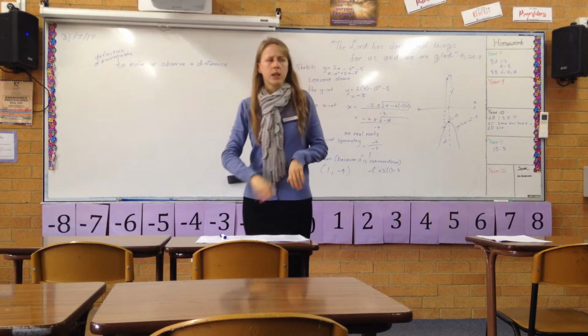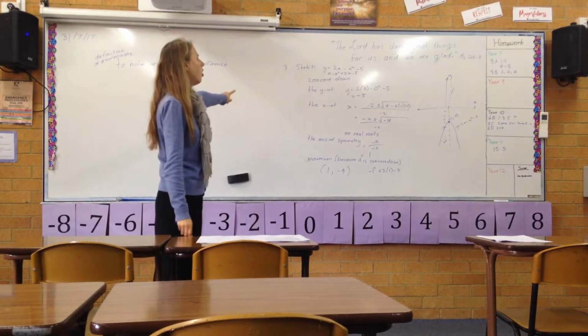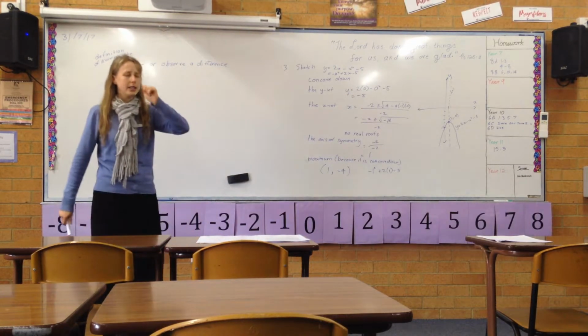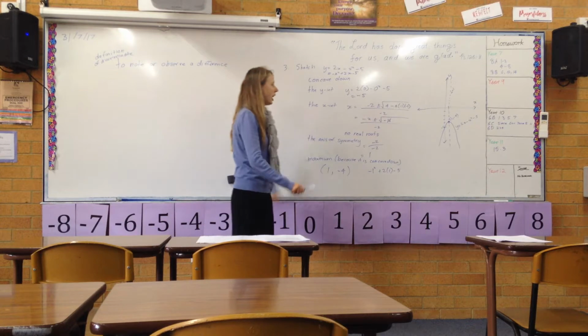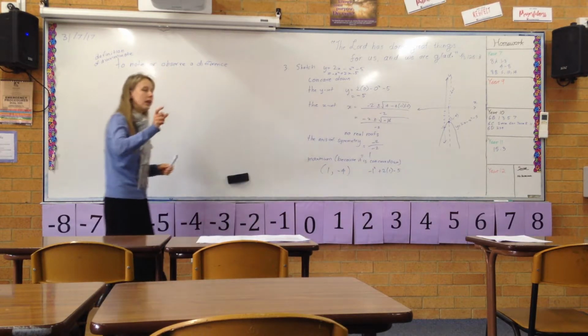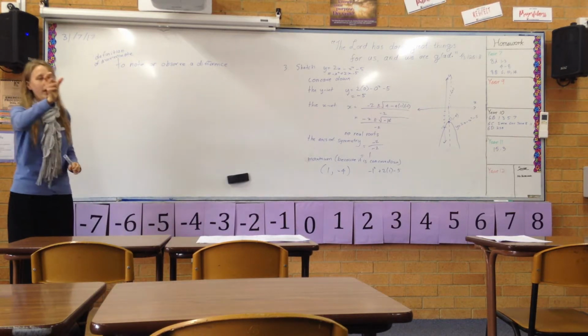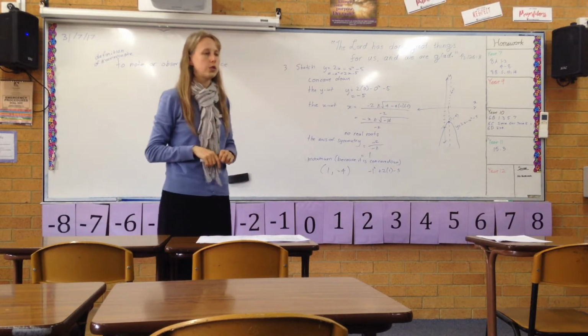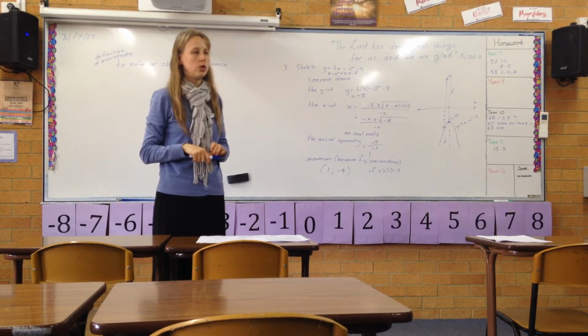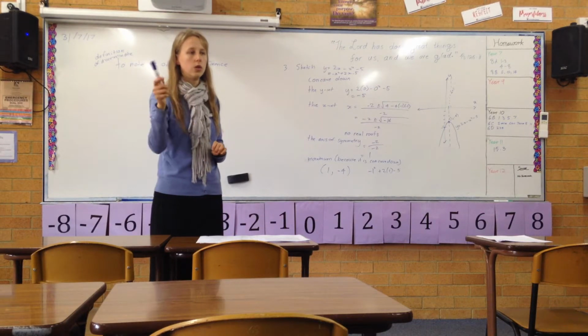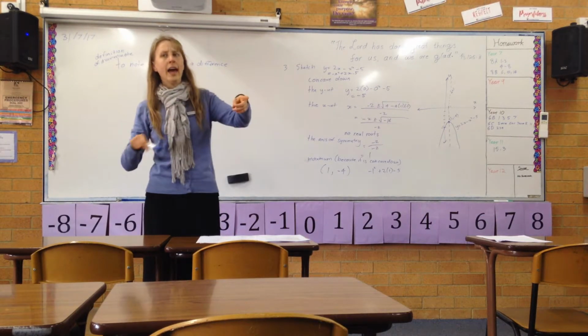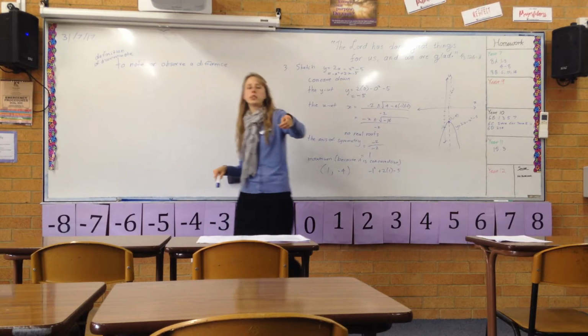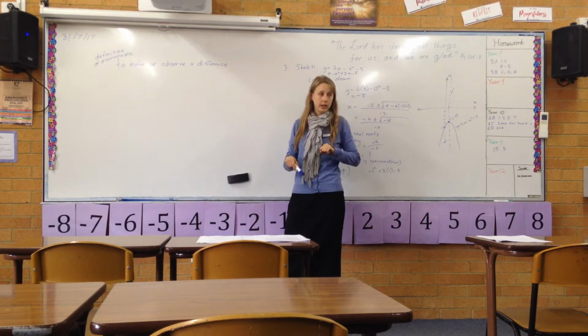But rather than working out the whole thing, Jared pointed out something really interesting before. Jared, what part of the quadratic formula tells us whether there are two roots, one root, or no roots? Whether the discriminant is positive, 0, or negative. Okay, so whether it's positive, 0, or negative.